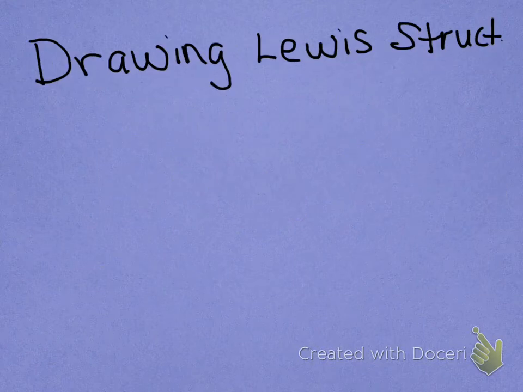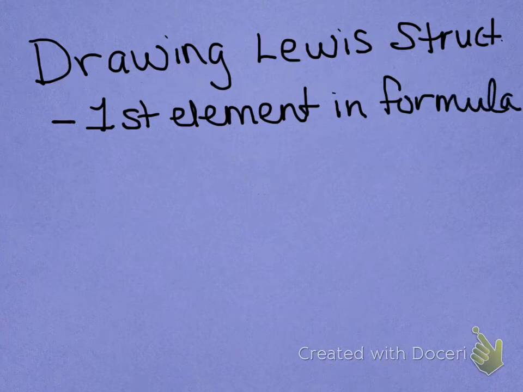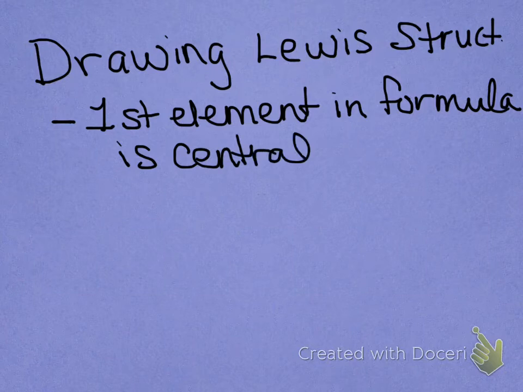Okay, when we draw the Lewis dot structure, there's a couple of rules. Okay, typically the first element in the formula is a central atom. What that means is when we draw the compound, the element that's listed first is going to go in the middle.